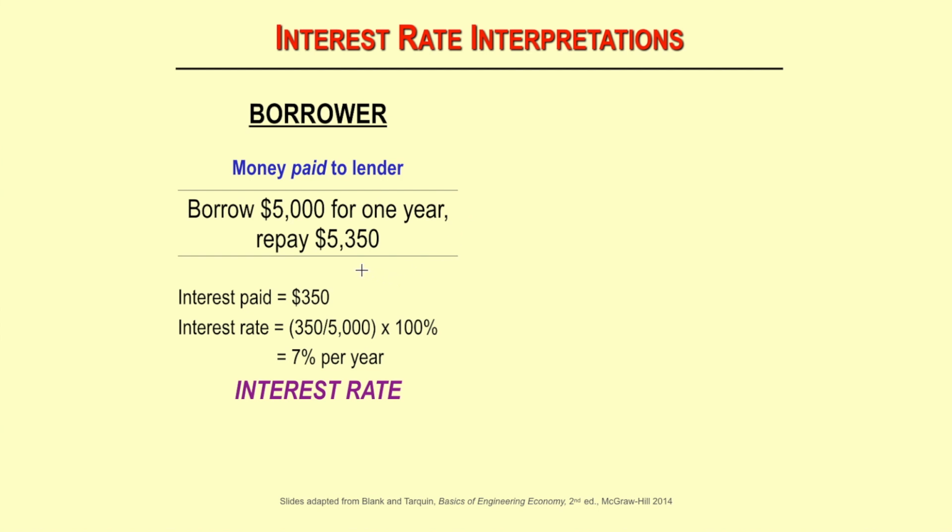So therefore, the interest amount that is paid is $350, which is the difference between the amount of money that is owed, which is $5,350, minus the principal amount that is borrowed, which is $5,000. So interest rate then is the amount of interest paid, which is $350, as a percentage of the principal amount, which is $5,000, and that gives you an interest rate of 7% per year that is charged on this loan.